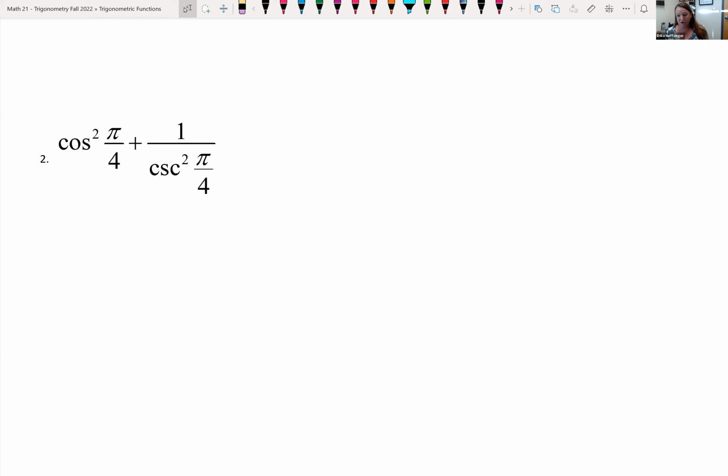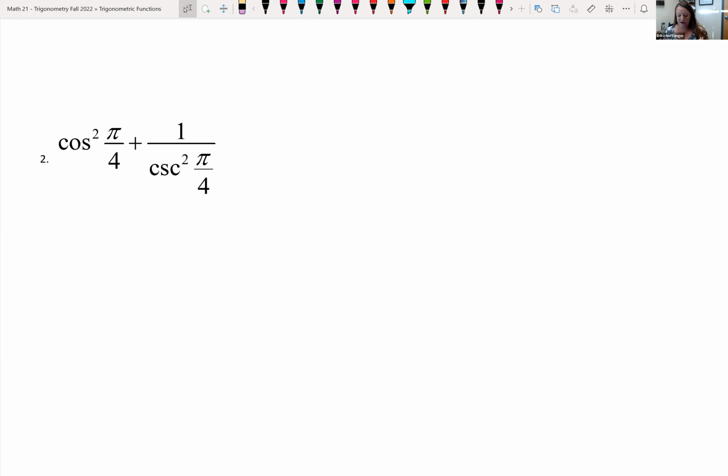But we can use those trigonometric identities to help us simplify this. We should be able to simplify the ones that I'm giving you without a calculator. When I'm giving you exams, you are going to have parts of the exams which are no calculator. A lot of times, most of the exam is going to be no calculator. So you should be able to do this stuff without a calculator.